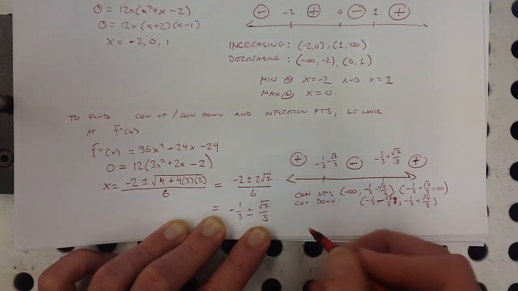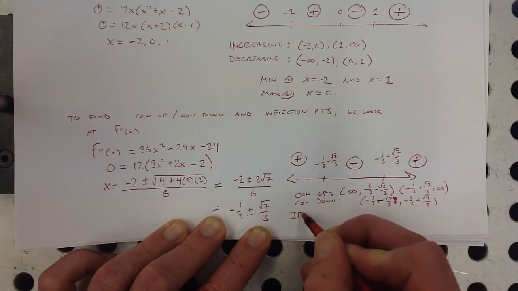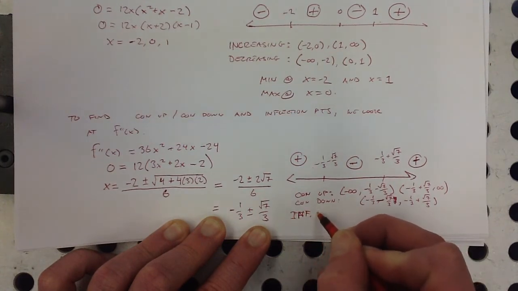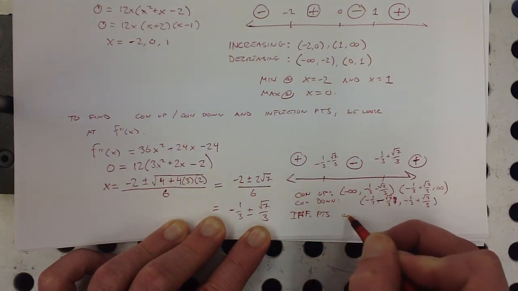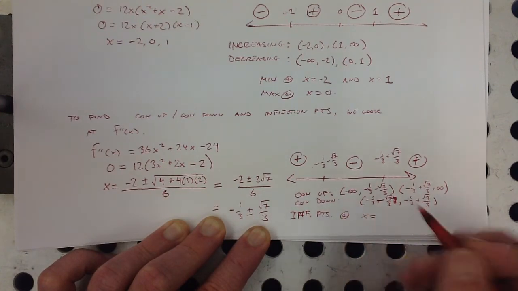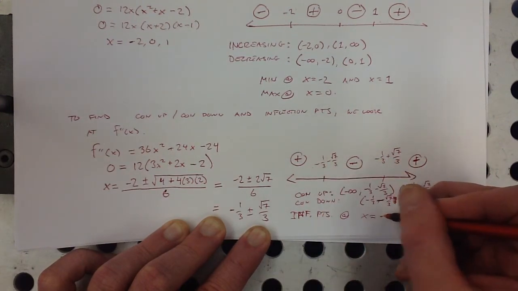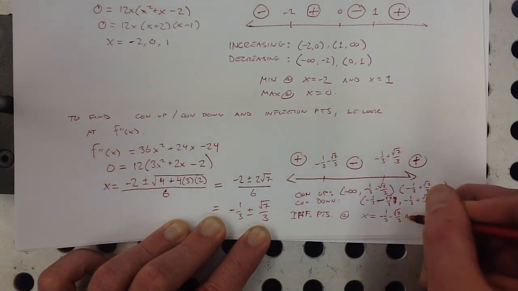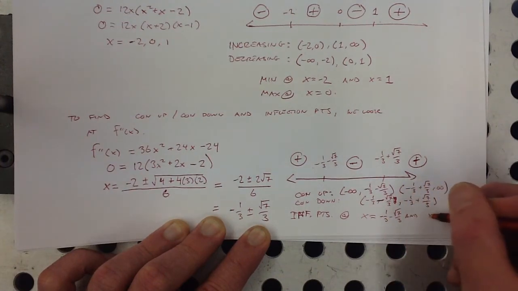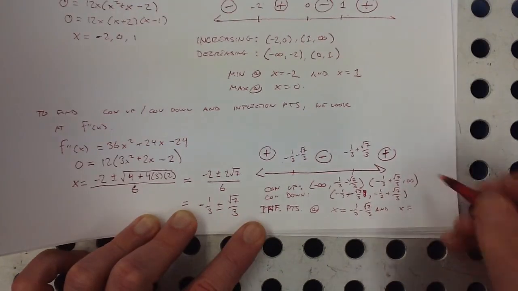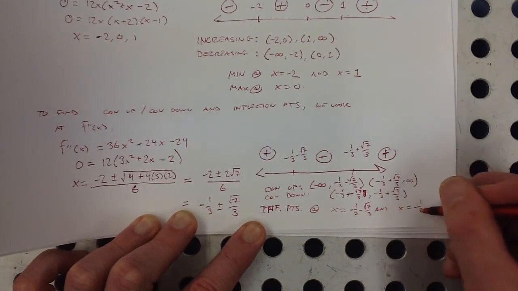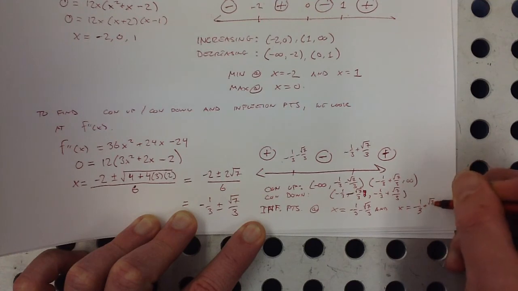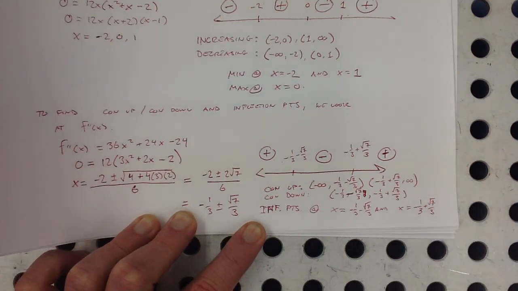And there are inflection points at x equals those two values, -1/3 minus the square root of 7/3, and x equals -1/3 plus the square root of 7/3.